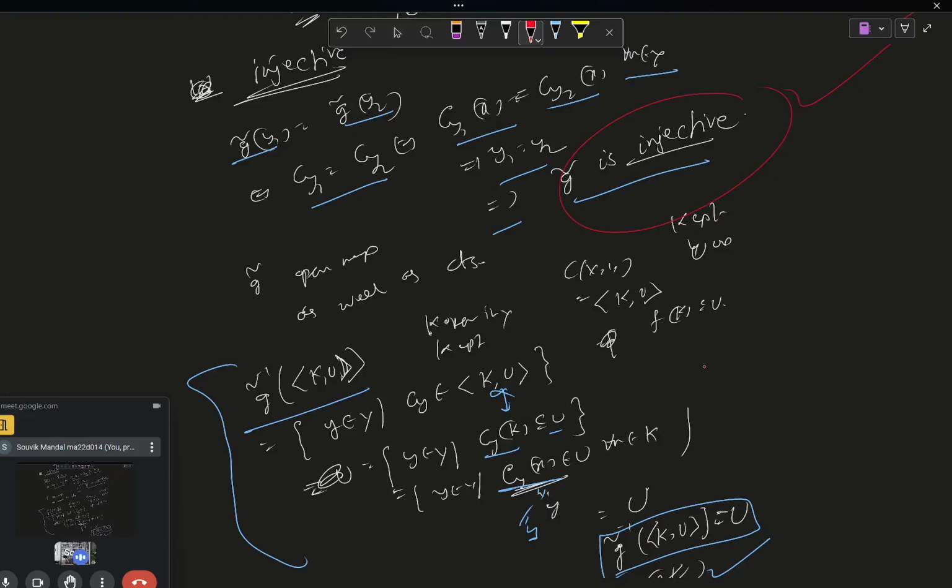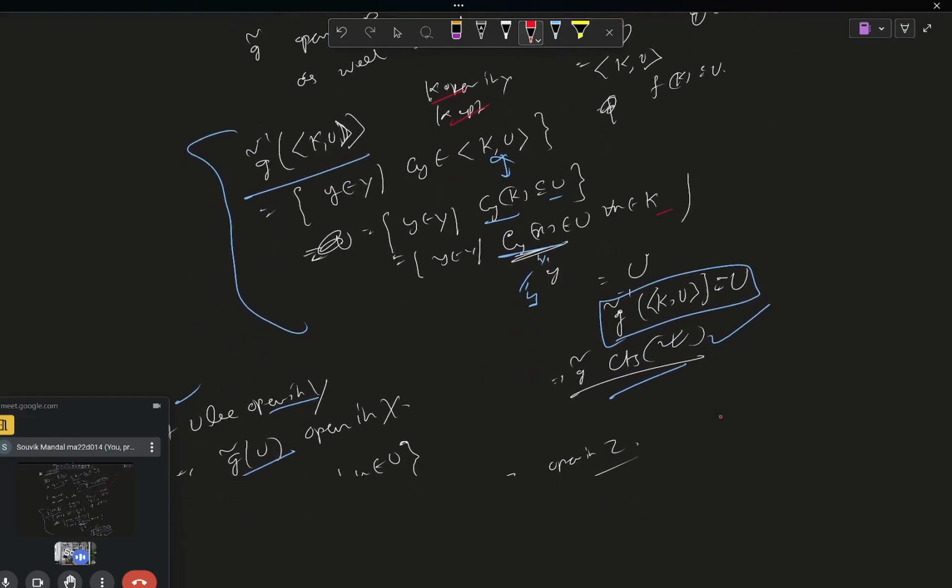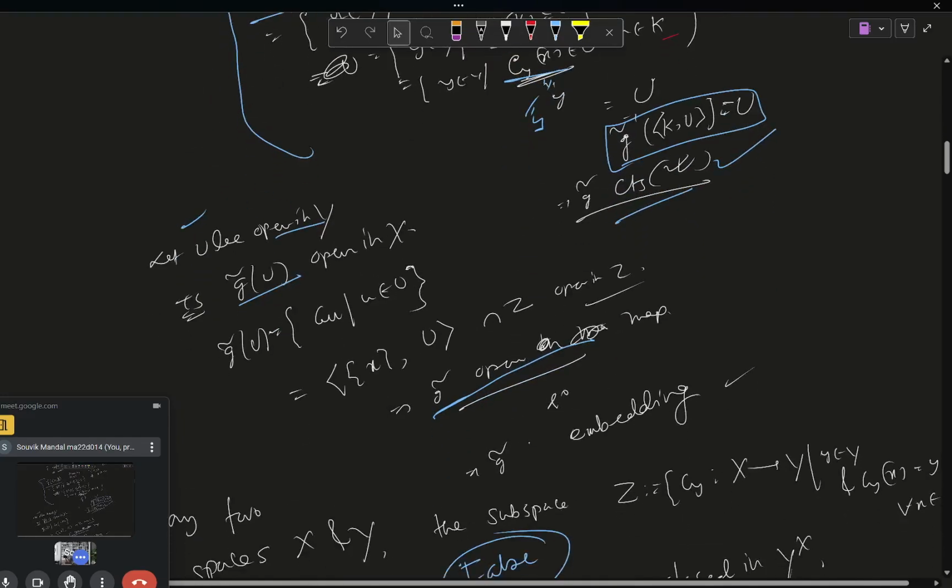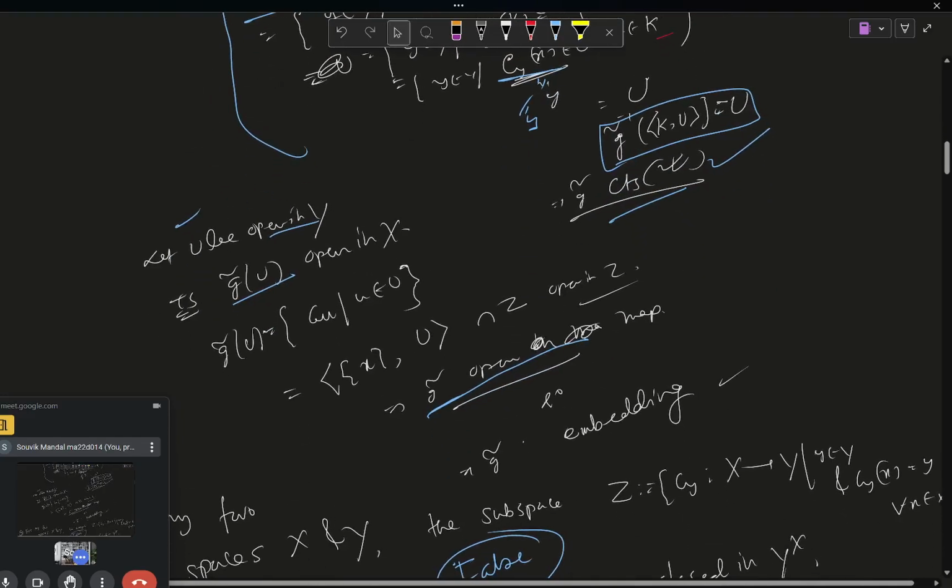So G tilde inverse of the subbasic set [K, U], where K is compact, contains all the y in y such that c_y belongs to [K, U]. So c_y belongs to [K, U] means c_y(K) is a subset of U, that is, y belongs to y such that c_y(x) belongs to U for all x in K. Now let U be open in y, then G tilde of U is open in x.